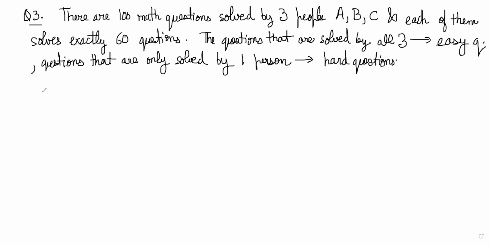What you need to figure out is which number is higher. Is the number of hard questions greater than the number of easy questions or not? That is what we need to figure out, right?